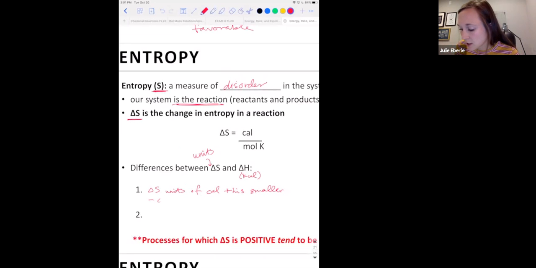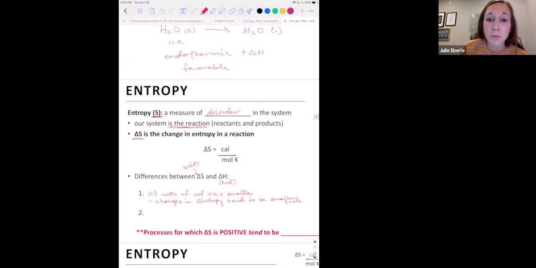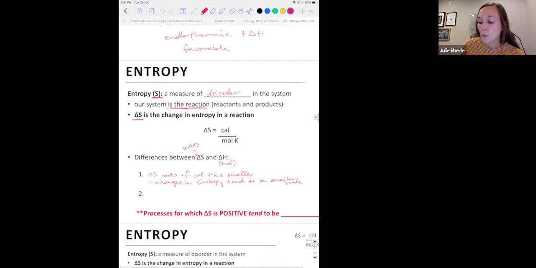Changes in entropy tend to be smaller scale. All right, that doesn't mean they're not important. They're just not as large as changes in delta H. All right, so that's one difference.